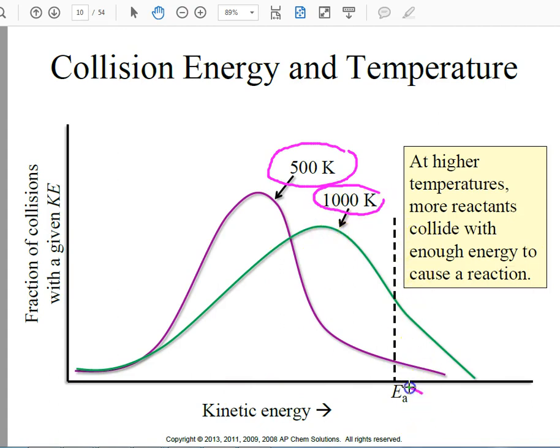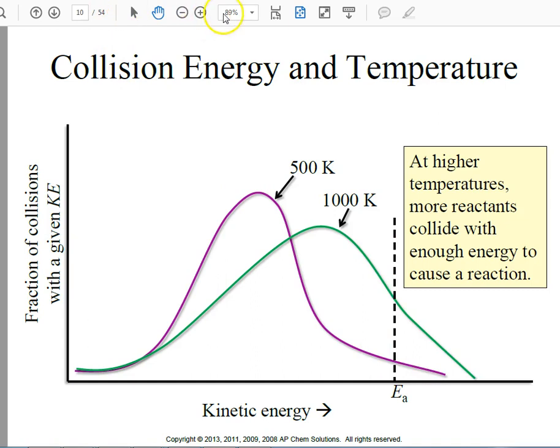If we plot our activation energy somewhere on here, let's say it's this amount, whatever this amount is, and we go up, just with a dotted line, any particles to the right of that point have enough energy to react. So you can see here on the purple plot, these particles have enough energy to react. So that is whatever that area right there is, that's the amount of particles we have at that temperature.